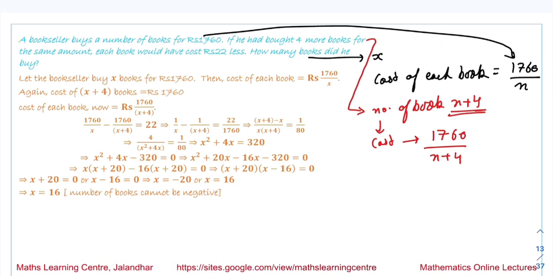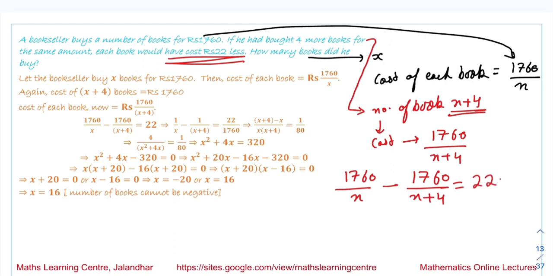Then the cost of each book is reduced by rupees 22. So the original cost is this. Now the cost of each book, now it is x plus 4 over here, and the cost is reduced by rupees 22. So we get 1760 into 1 over x minus 1 over x plus 4 is equal to 22.